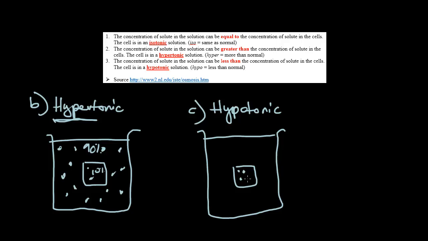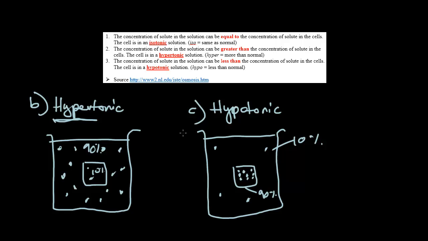This time, it's the opposite of hypertonic. So suppose inside the cell I've got 90% solute concentration, and on the outside I have 10%.